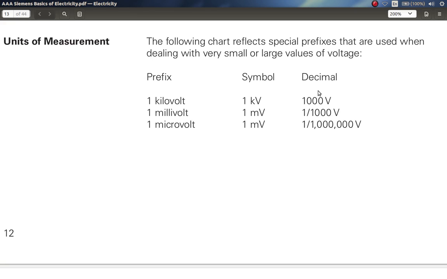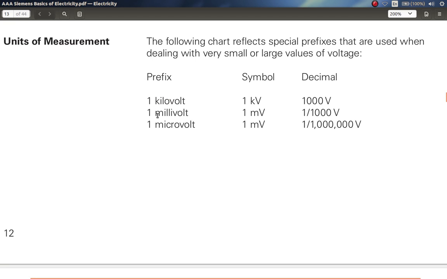So a prefix is letters or a word that's put before the name of something to describe it. The kilo is a prefix here. Kilovolt means 1000 volts. Kilo means 1000, just like how 1 kilometer means 1000 meters.